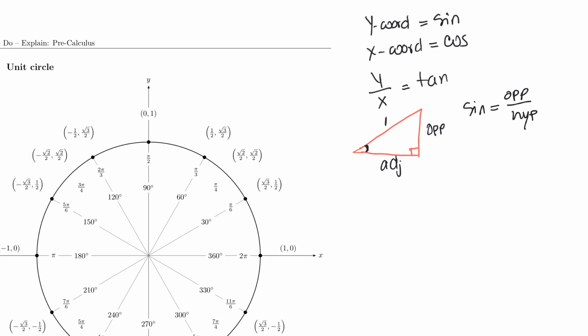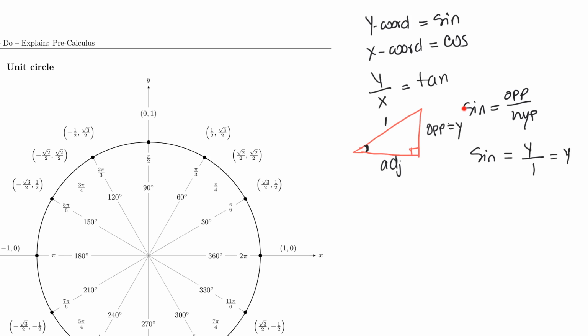For sine, sine says that it is opposite over hypotenuse, right? But the hypotenuse is already 1, and the opposite side is just the y-coordinate, right? Because here, this will be the y-coordinate, which ended up being that the sine of the angle is equal to y over 1, and this is equal to y. That is why the sine corresponds to the y-coordinate.